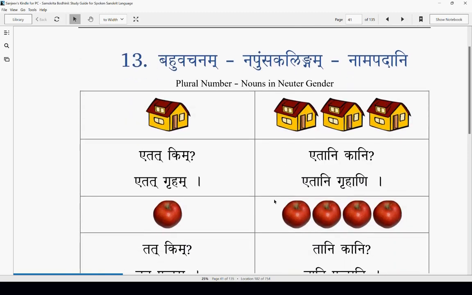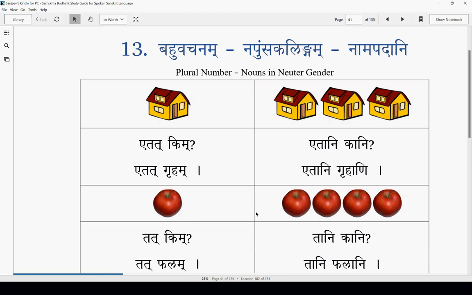Napumsakalinga padani. So coming to neuter words, what are the examples here? Bhagini, can you read this? Etat.